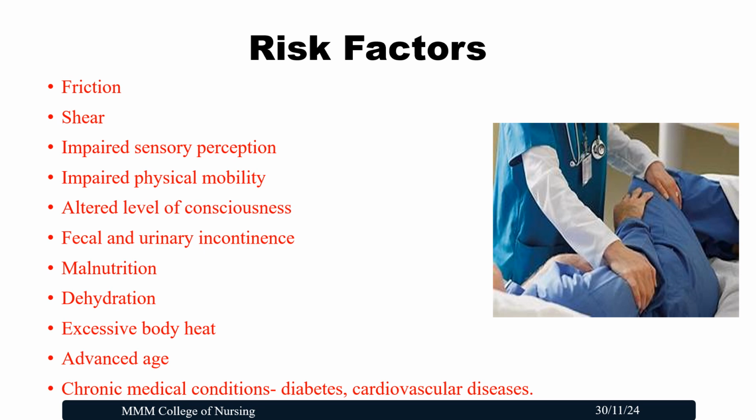For example, the skin of older adults is generally more fragile, thinner, less elastic and drier than the skin of younger adults, so they easily get bedsores. And the final one is chronic medical conditions like diabetes and cardiovascular diseases, which increase the chance of bedsores.